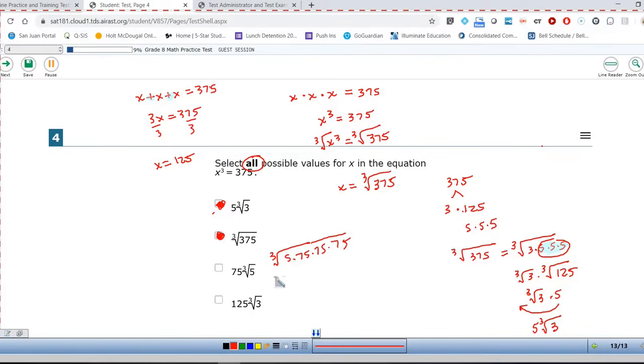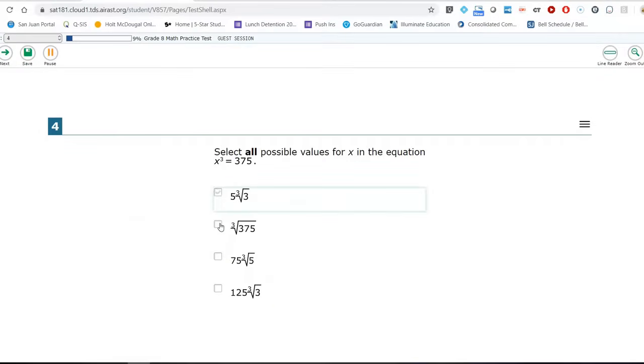And this one would be even bigger because this one would imply I had the cube root of 3 times 125 times 125 times 125, which would also be much, much bigger than 375. All right, so we were looking for the first 2 on that one.